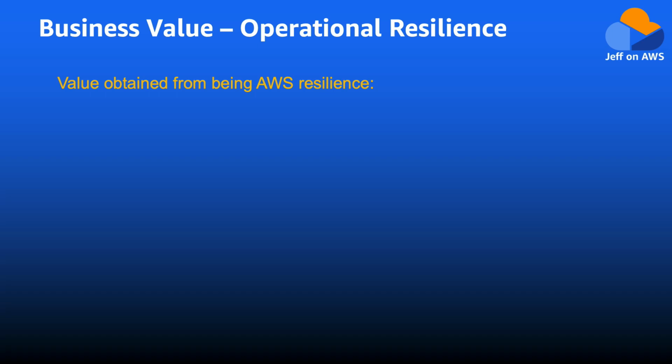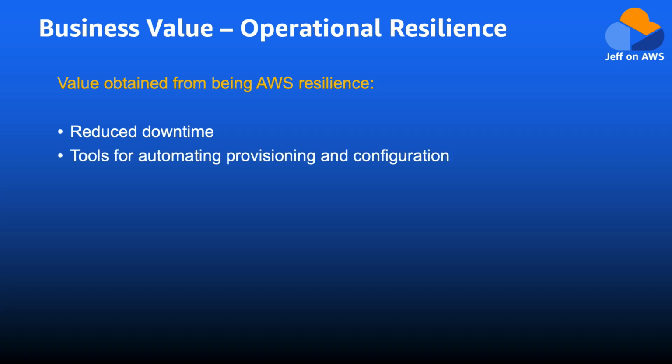Operational resilience. Let's talk about that a little bit. How does AWS provide operational resilience? One, reduced downtime. Reduced downtime means happier customers and less money spent on recovering from downtime. Whether you lose market share, lose customers, or violate your contracts and your SLAs or SLOs, reduced downtime provides operational resilience.